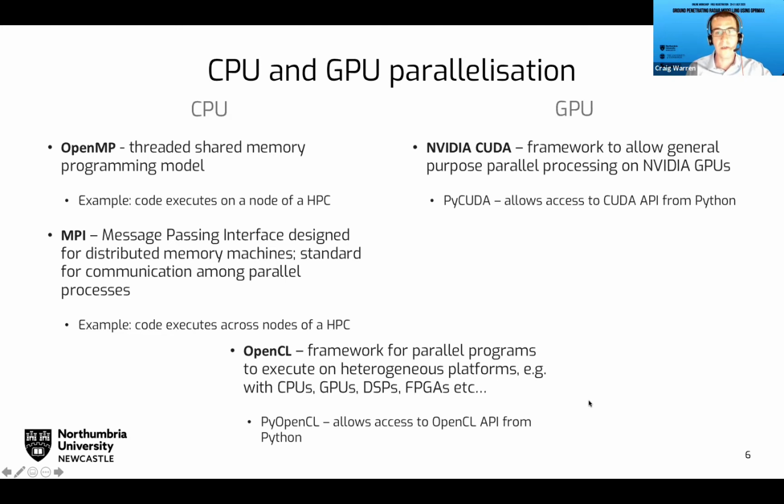The other thing we use on the CPU side is MPI, which is designed for distributed memory machines. There are various different ways in which you can use MPI. At the moment, we basically use MPI to distribute models or distribute tasks across large HPC machines.